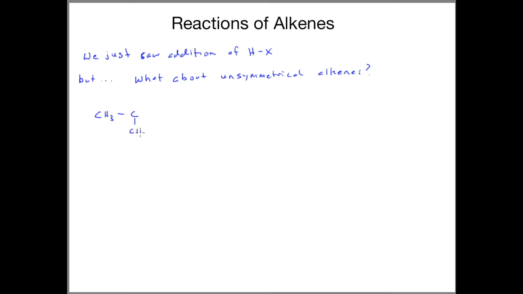For example, if we draw something like this, where we have a double bond that has two substituents on one side and no real substituents besides hydrogen on the other side. So where does the carbocation end up in this case?